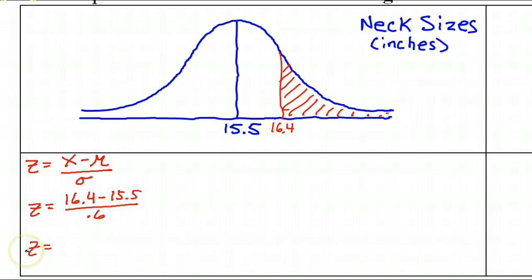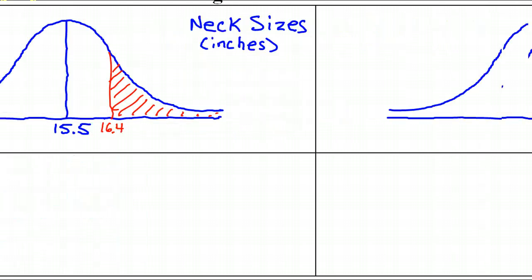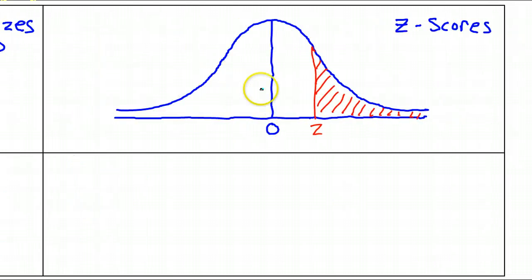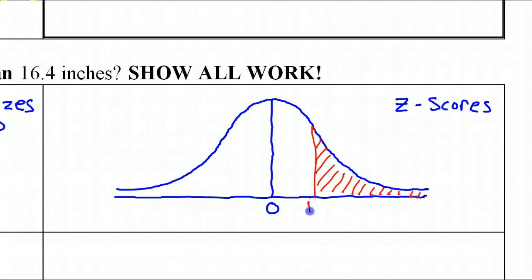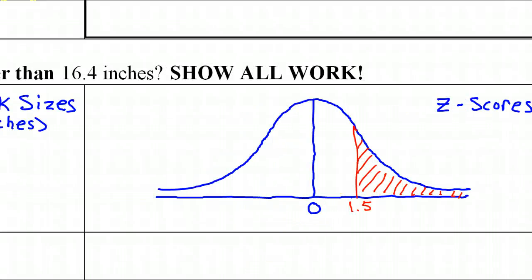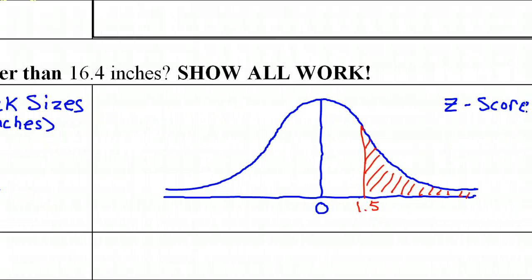Put that in your calculator. I'm getting a z-score of exactly 1.5. Let's record that on our z-score distribution. That is 1.5 standard deviations over. That's a pretty good chunk, but not as extreme as the last problem.